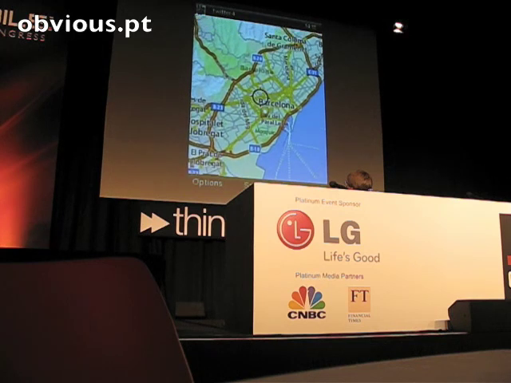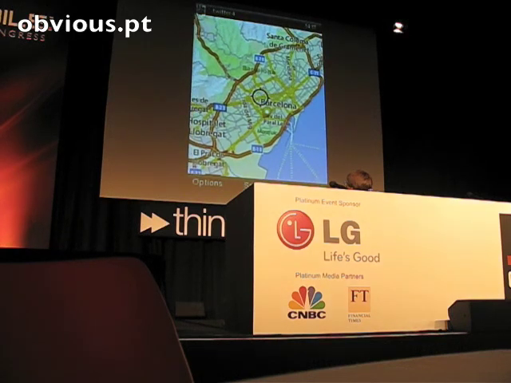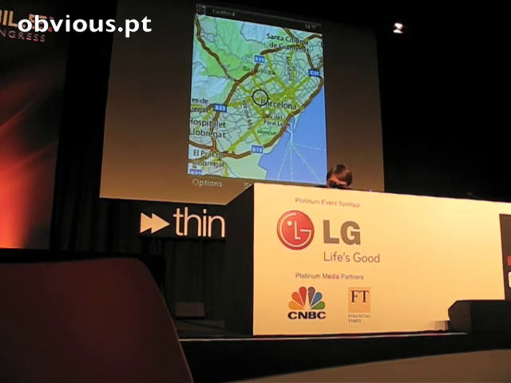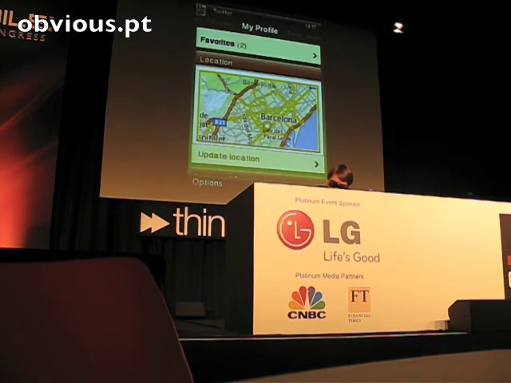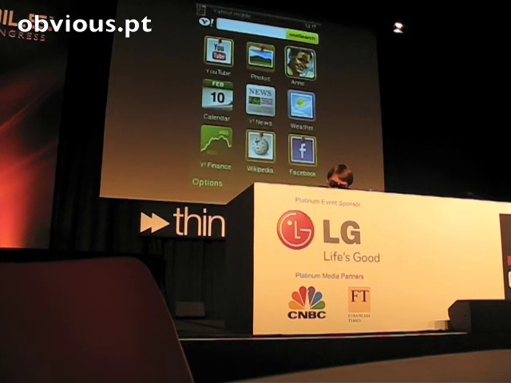So this again shows another side of open, how you use open APIs, open standards, and an open environment to again enhance what is available to the consumer. So let's go back to the launcher, please. And let's go to one place maybe.